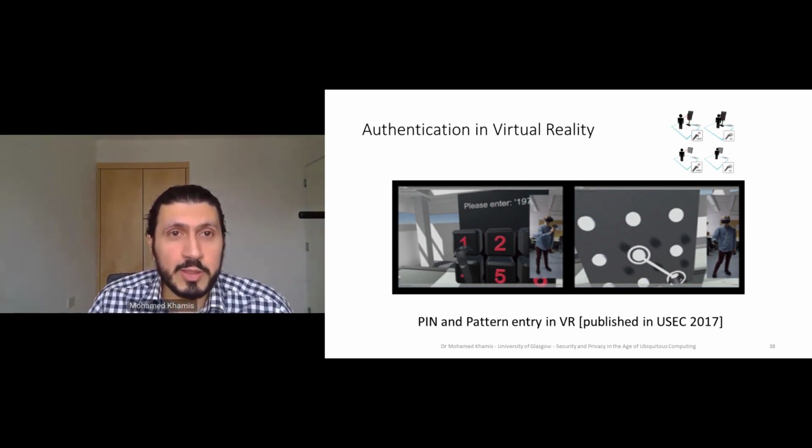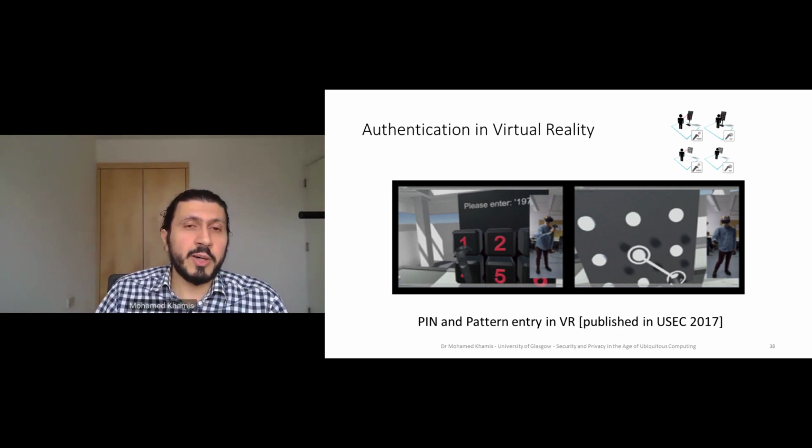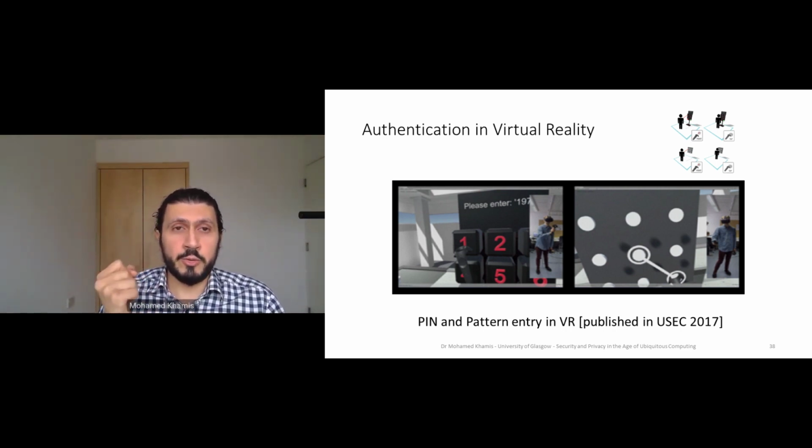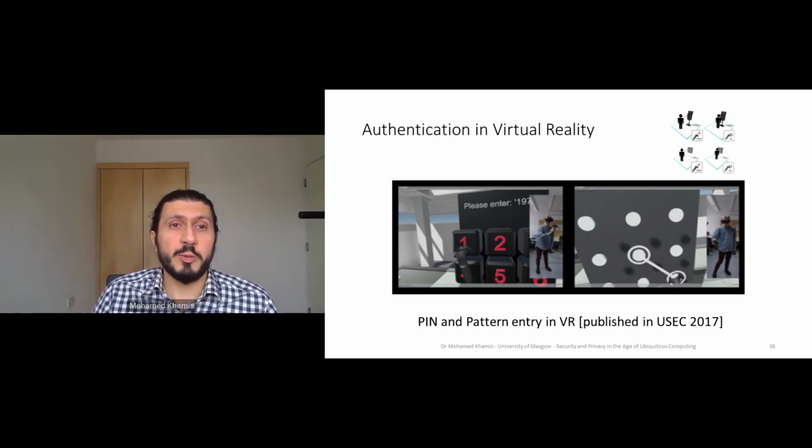If you look at this slide here, you can see a person entering a PIN on the left. Because he's moving his hand, because he has to hold a controller to provide input, by moving his hand to the top left you can tell that he's entering the digit 1 of the PIN, right? So we really need to use methods that are not that easy to observe and are more secure.